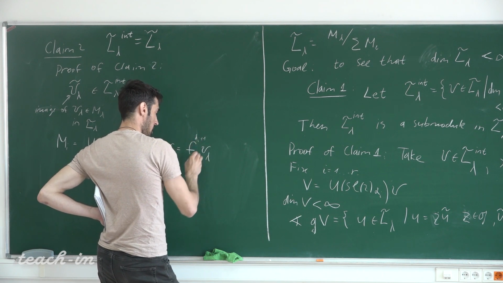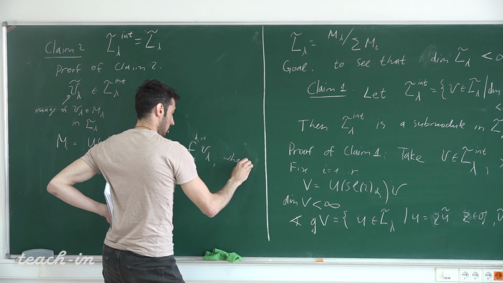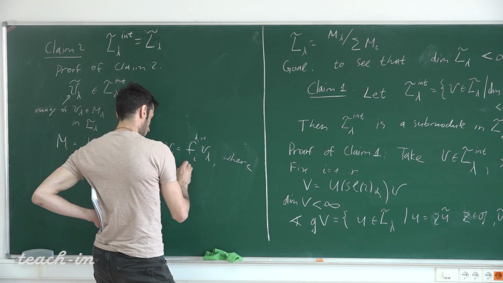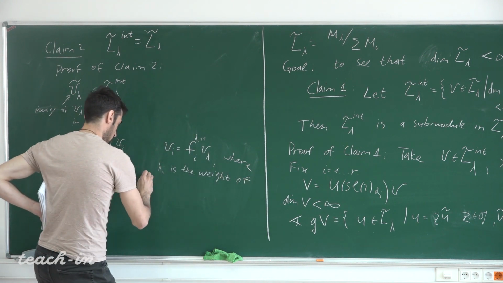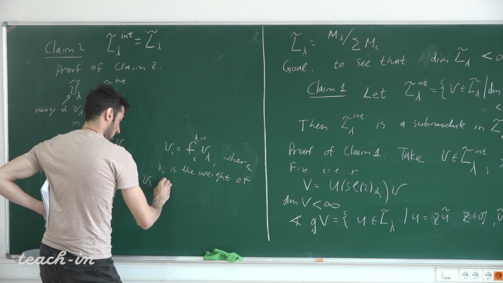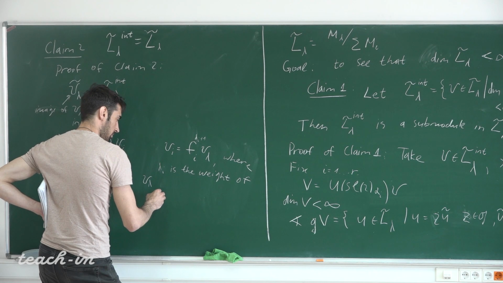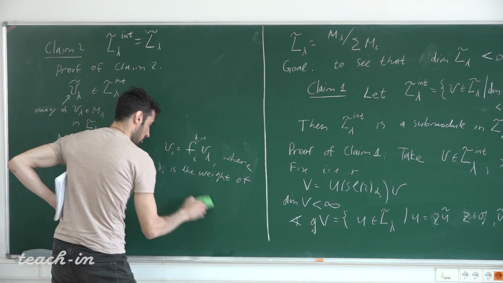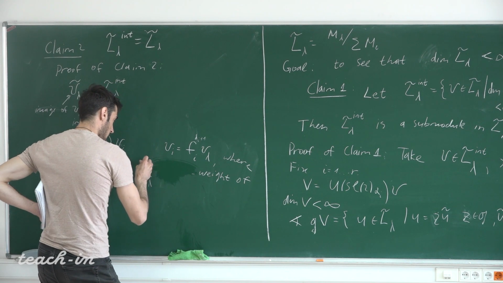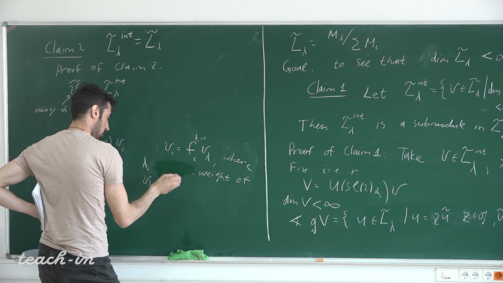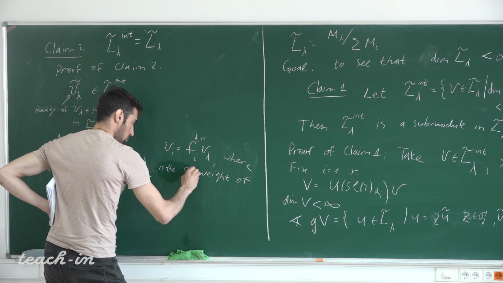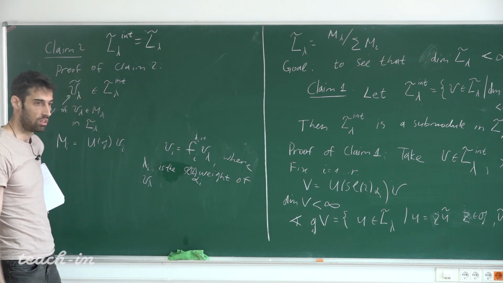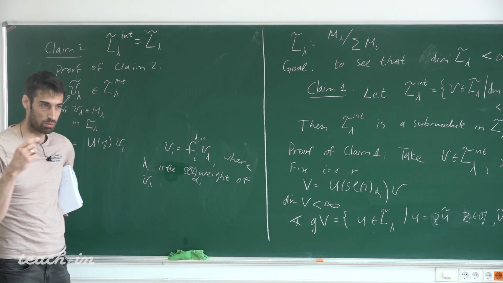Lambda i plus 1 times. Where lambda i is the SL2 alpha i weight of v lambda. Lambda i is the SL2 alpha i weight of v lambda. So that's what was going on.